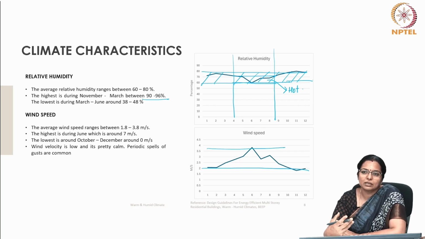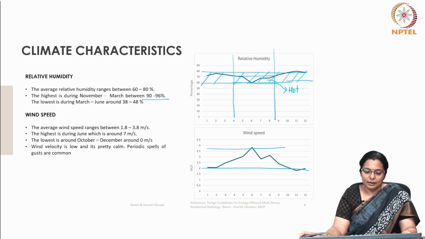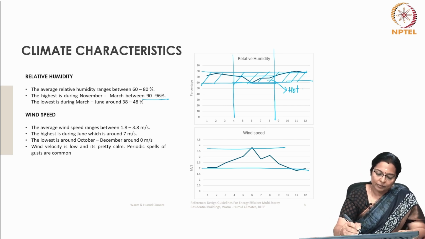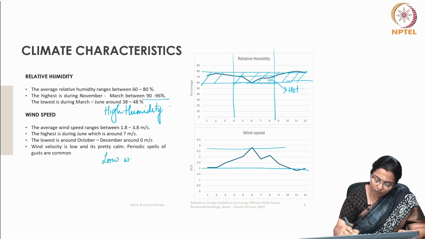In June, there is a tendency to have high wind speeds of even up to 7 meters per second. So generally, we can conclude that Chennai has high humidity and extremely low wind speeds.